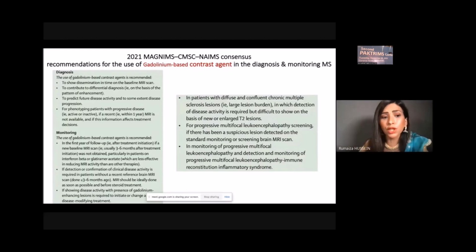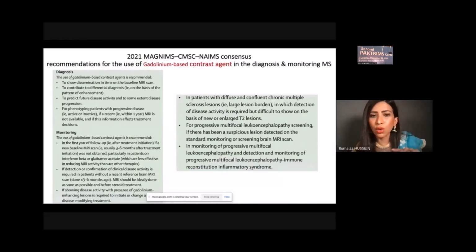Now, in terms of monitoring, as I just mentioned, the first year follow-up needs to be with contrast. If detection or confirmation of clinical disease activity is required in a patient without a recent reference brain MRI, like when you receive a new patient, or a patient for a second opinion who for a while hasn't had any MRI, re-baselining is important.